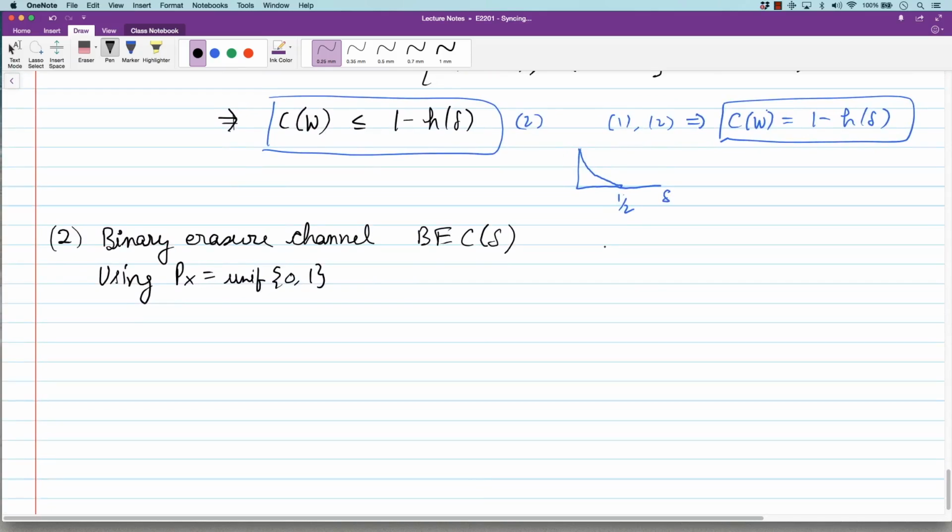Once again, if I use this, then the mutual information between x and y is h of y minus h of y given x. Now, what is the entropy of y given x?